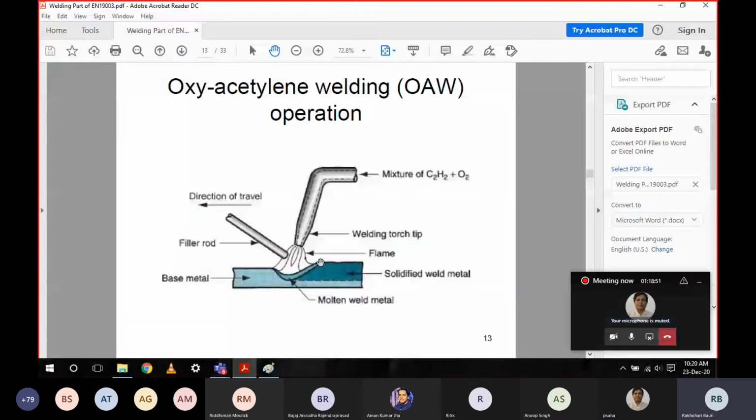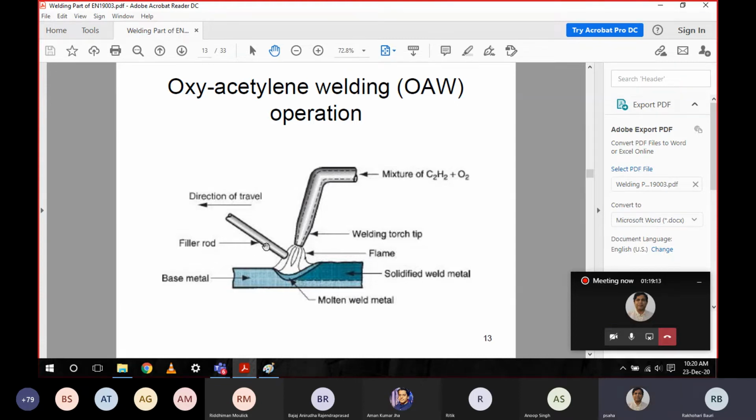So this is the diagram of the tip of the torch, from where the mixture of acetylene and oxygen is coming. This one is the base metal which is being welded.